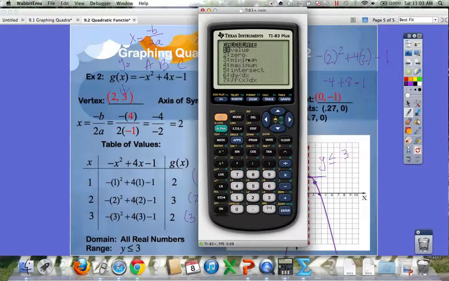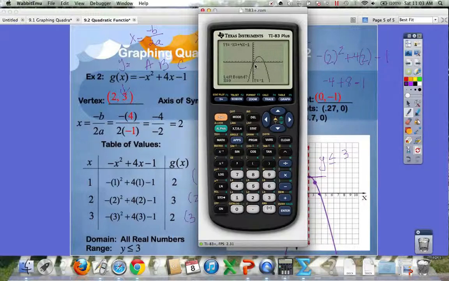We're going to be using the second trace option again. We're going to be looking for zeros. So you go ahead and push a 2. And we're going to be talking about left and right bound. Now, it follows this parabola in order, like it goes this direction. If it was an upside down U, it would go this direction. So just follow from left to right. So we're going to have a left bound and a right bound.